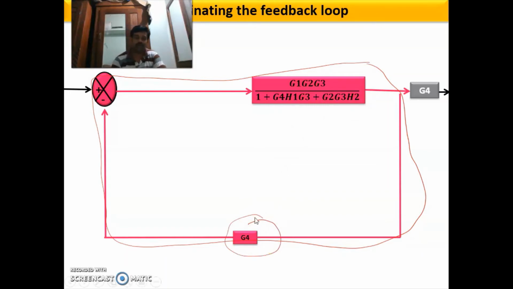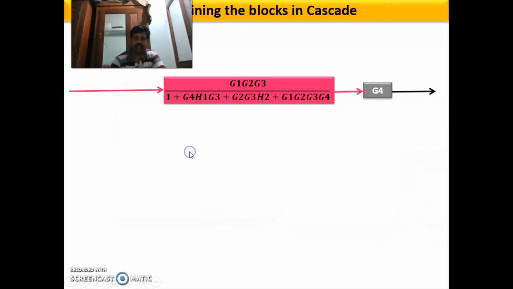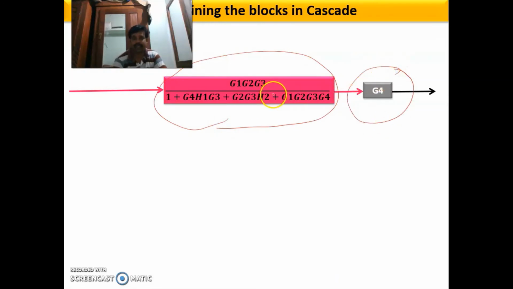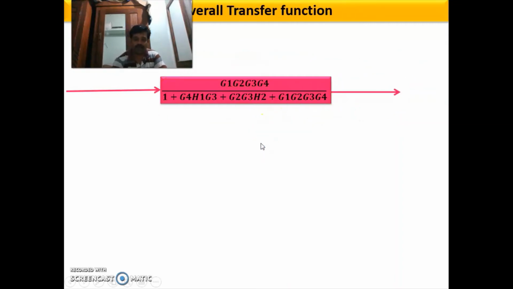So while eliminating that loop, we'll be getting like this. So after that, these two blocks are in cascade. So these two blocks can be combined into one block whose transfer function is a product of the two individual transfer functions. So this is nothing but your final C by R.